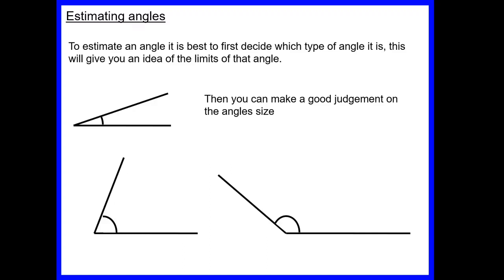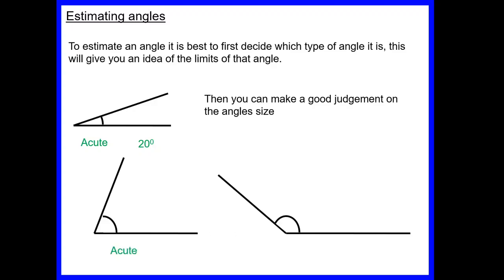Alright, so let's have a look then. So the first one, hopefully we've decided, is acute. Now it does take a while to get used to estimating angles if you're not used to seeing the size of them. I've said it's about 20 degrees, so if you're somewhere near to that, then that would be great. So it's definitely less than 45, so somewhere between 10 and 30 is probably a good shout.